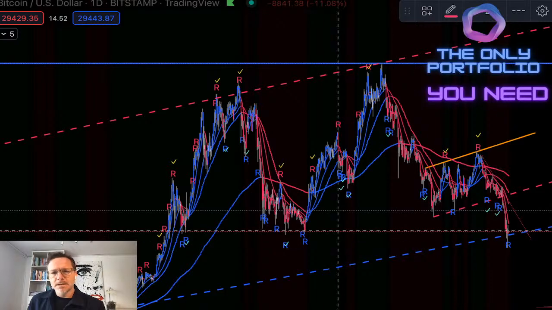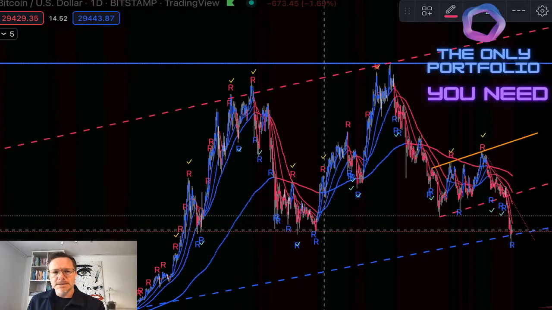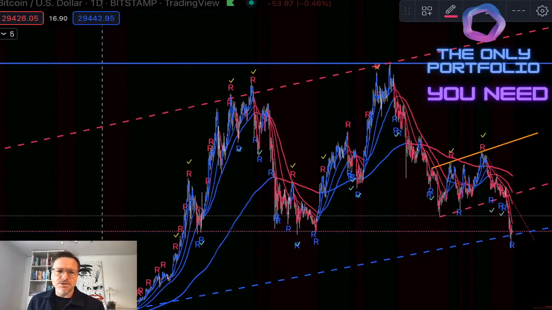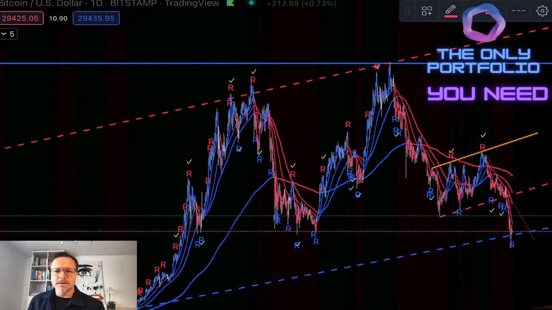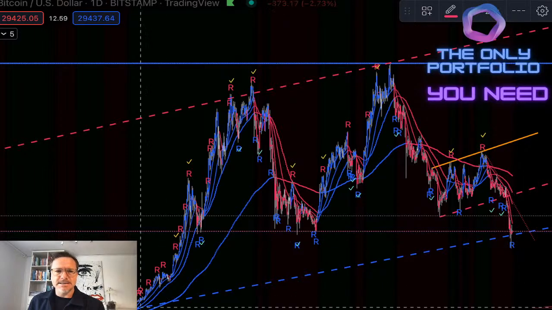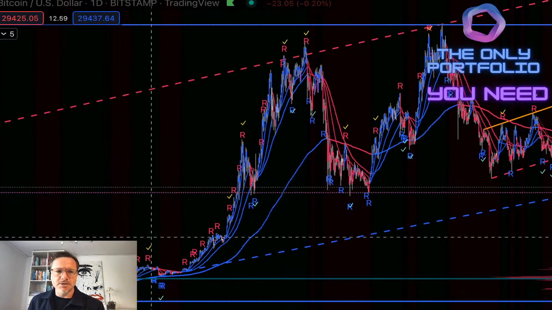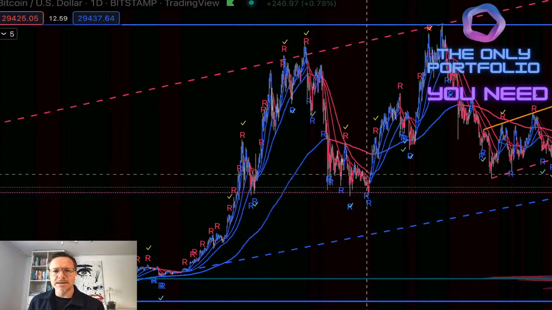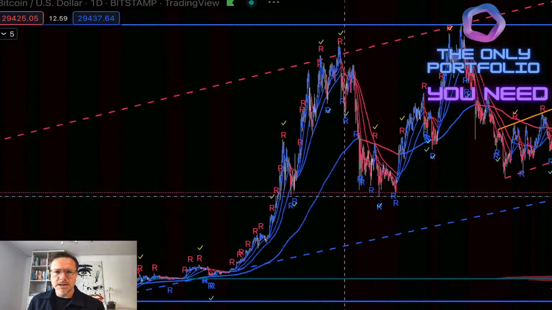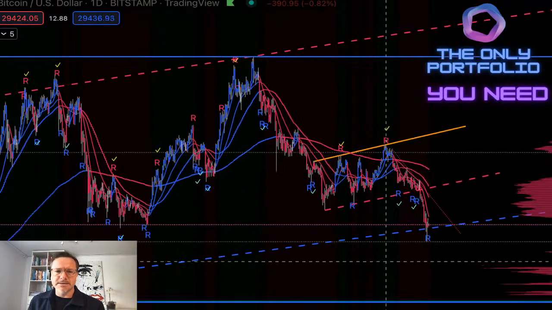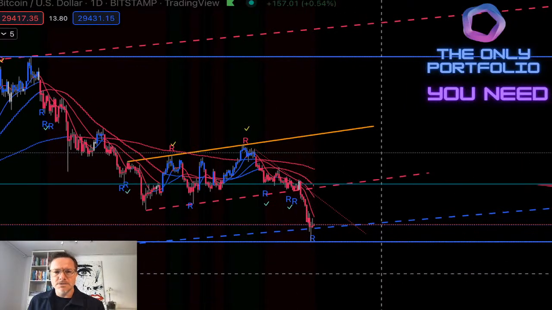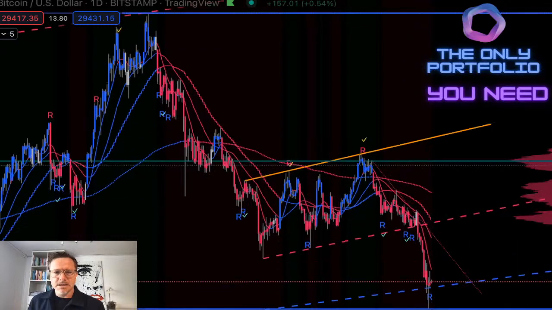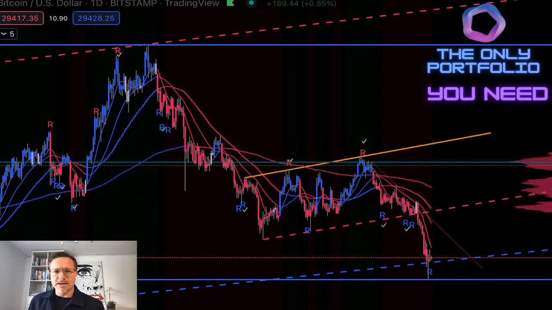These are my long-term trades, and I always accumulate around these areas. The last time I really accumulated Bitcoin was this area, and I accumulated here as well in June, and then I accumulated during this recent crash. So these are the long-term plays, which work very well, I think.